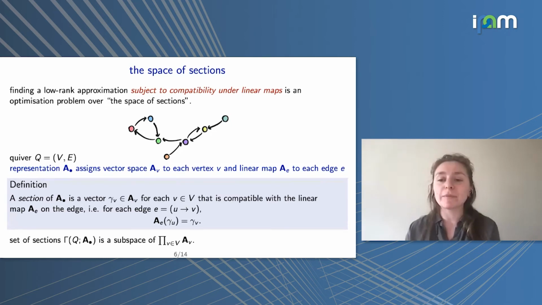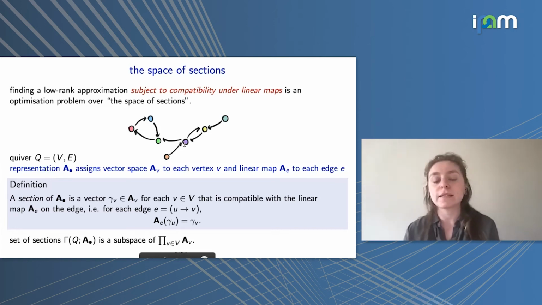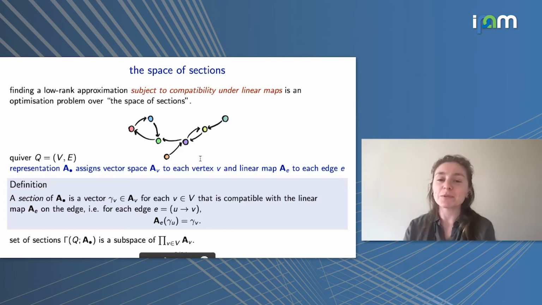So these are all linear maps, so they all set 0 to 0. So if I just say that I have the vector 0 at each vertex, so in each vector space, then this is a valid section, but we're looking for sections that are a bit more interesting than the all zeros one.